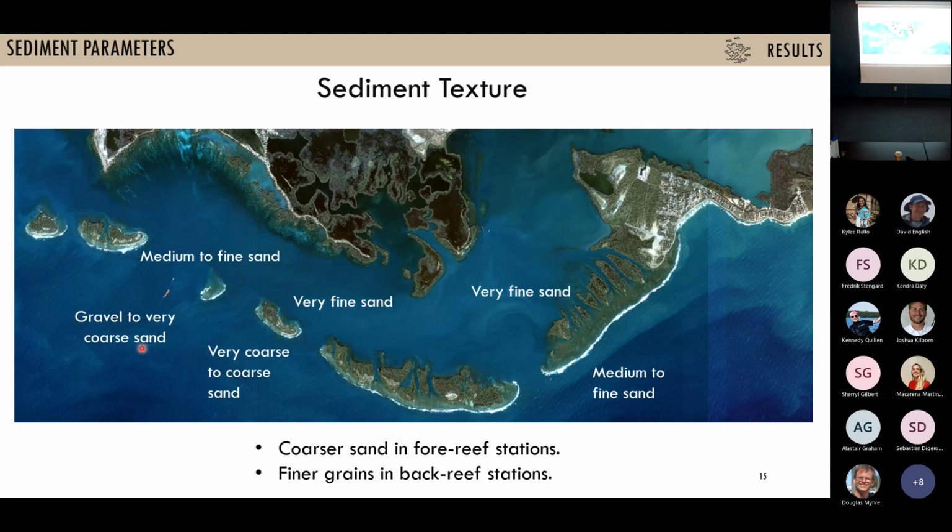And then in the fore reef outside, Cayo Morillo and Cayo Pájaros were super consistent with these bigger grains, coarser and also gravel grains. However, in Cayo Caribe, we also found a lot of finer grains as well.